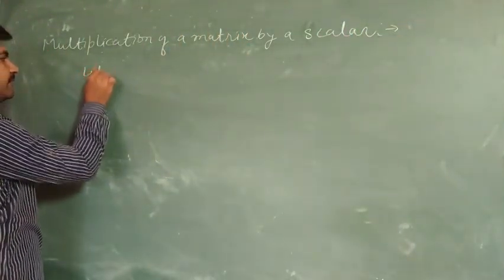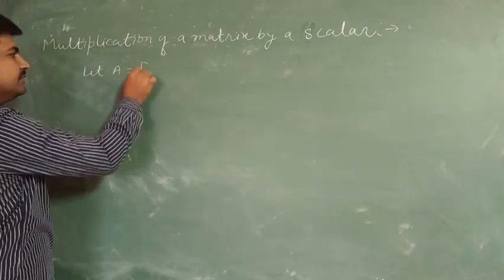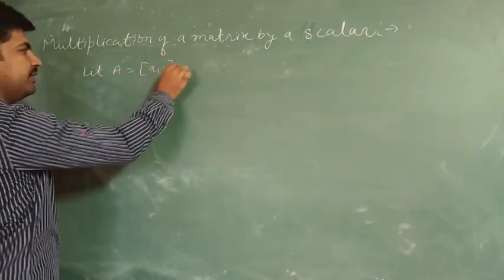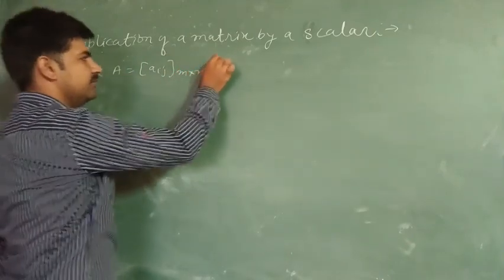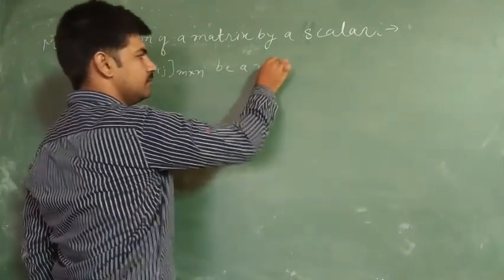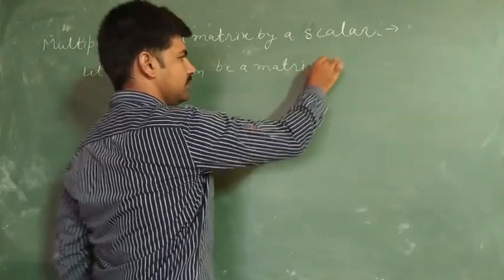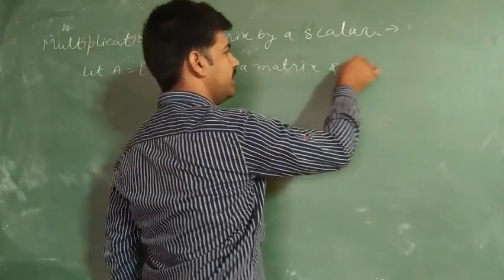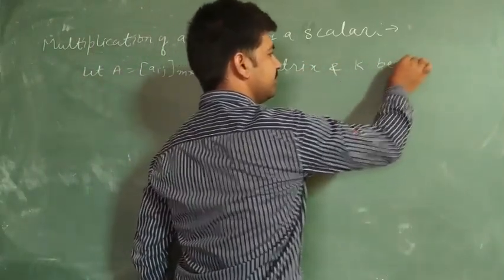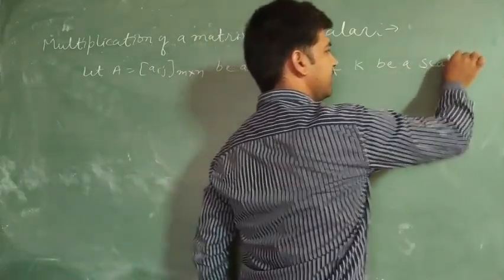Let A be a matrix of order m by n and k be a scalar.